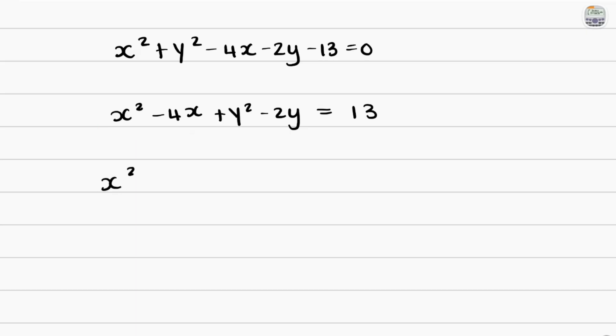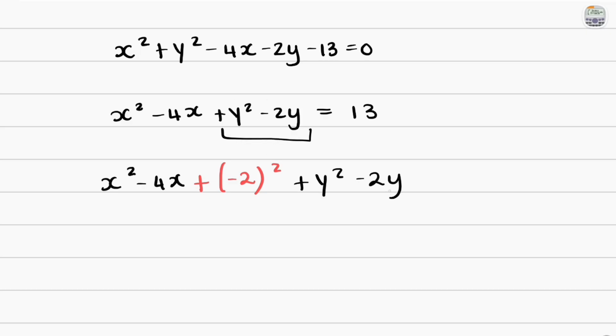So this will be x squared minus 4x, and you're going to add half the coefficient of x, which is -2, and you're going to square that, okay? And then we're going to do the same thing to this part. So plus y squared minus 2y, and we're going to say plus half the coefficient of y, which is -1, and square that.